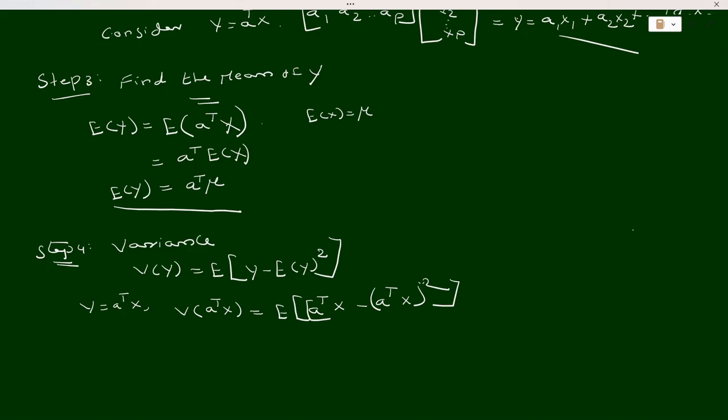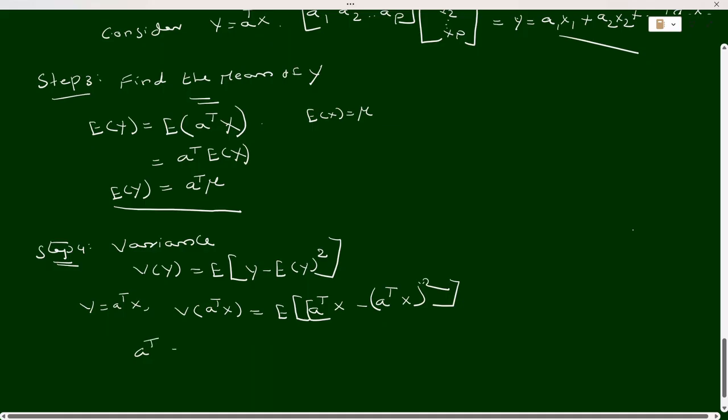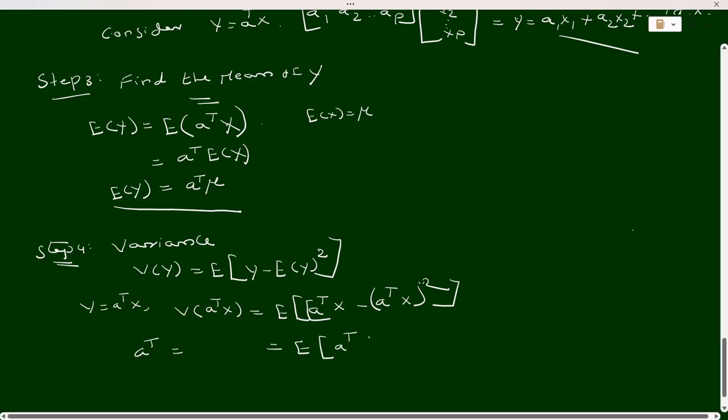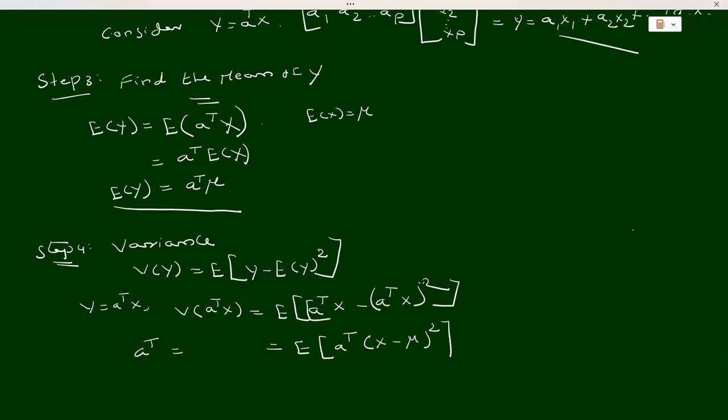So we factor out a transpose, and this will be expectation of a transpose (x minus mu) the whole square.